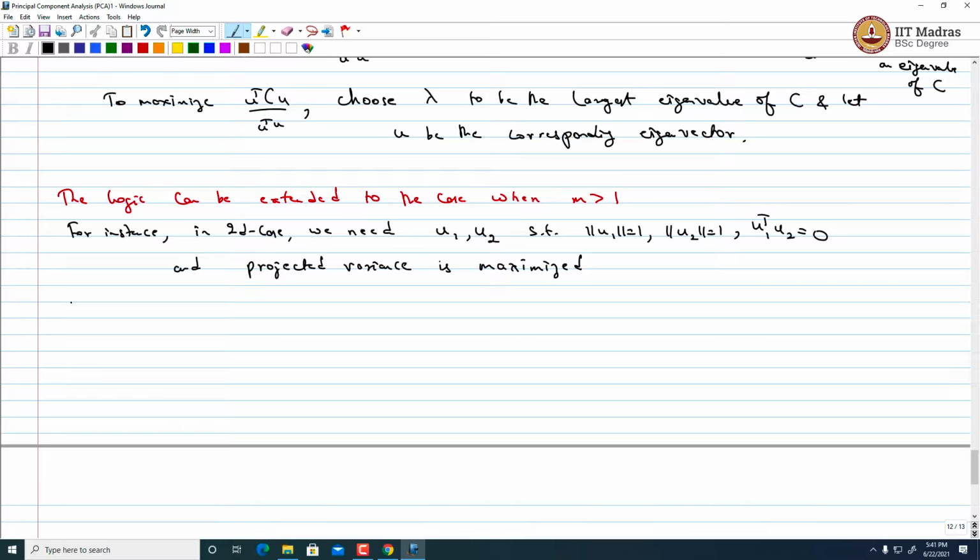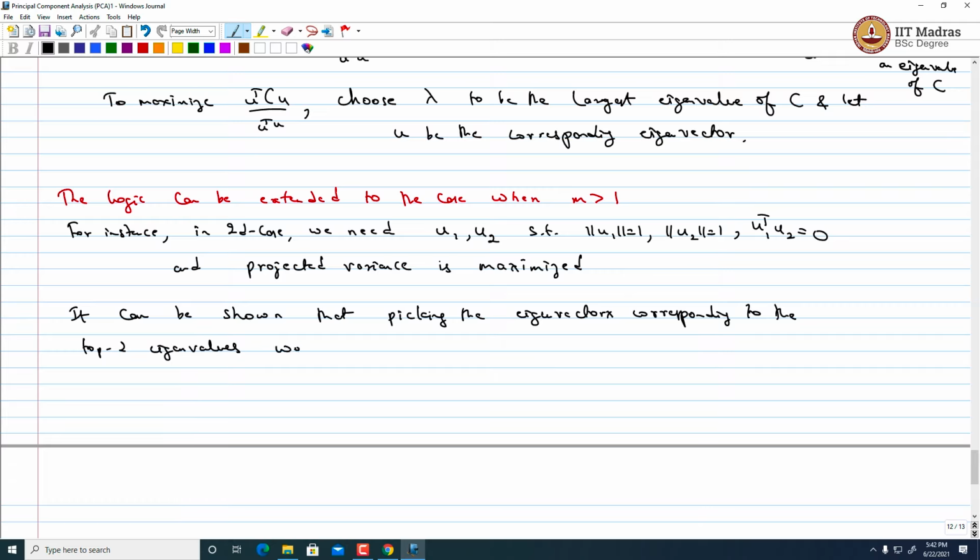I'm going to skip the details, but it suffices to say that it can be shown that picking the eigenvectors corresponding to the top two eigenvalues would maximize projected variance, and so on.